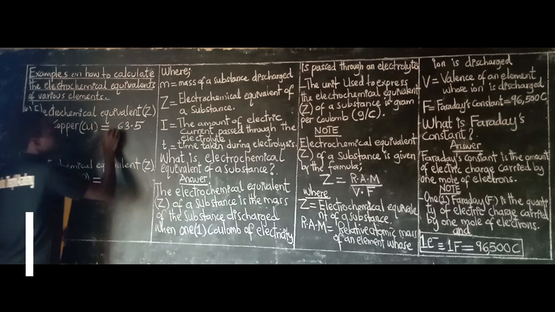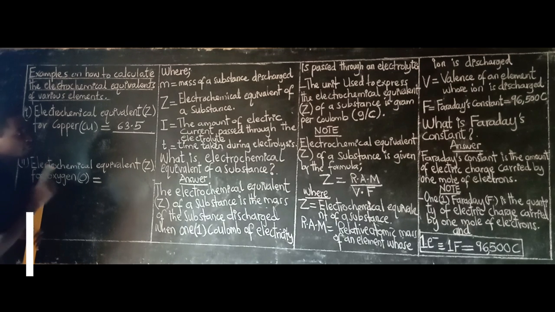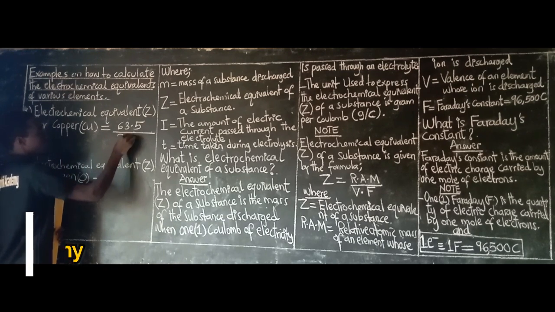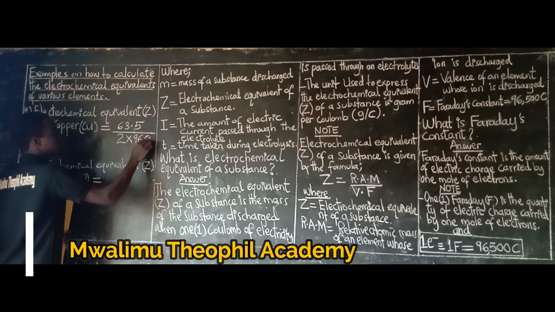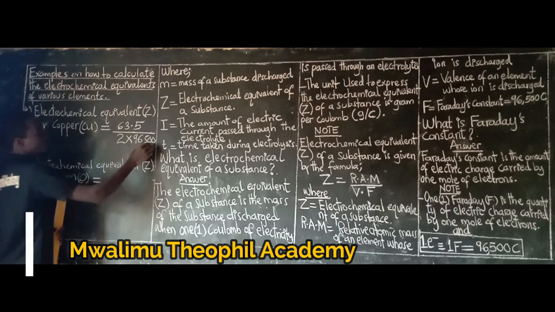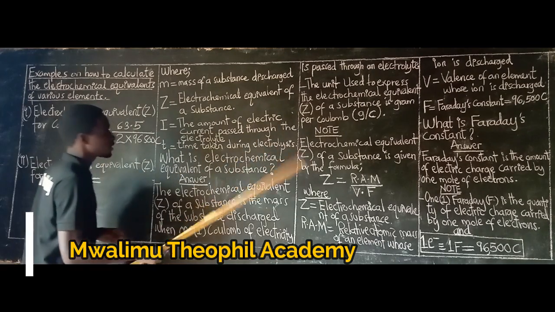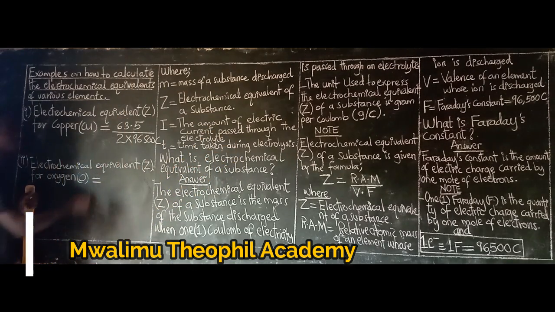This is divided by the product of its valence and Faraday's constant. The valence of copper is 2, times Faraday's constant, which is 96,500 coulombs, as 1 Faraday is equal to 96,500 coulombs.